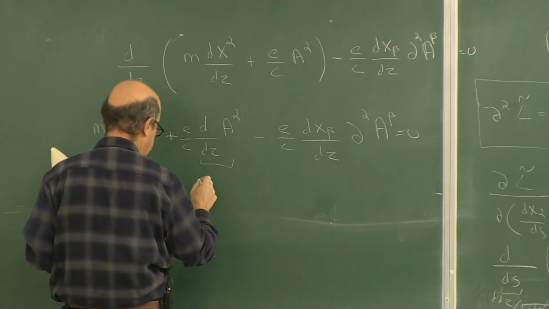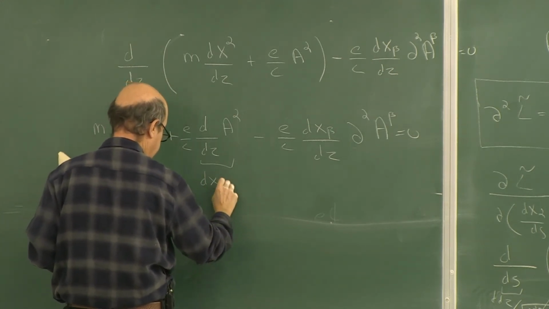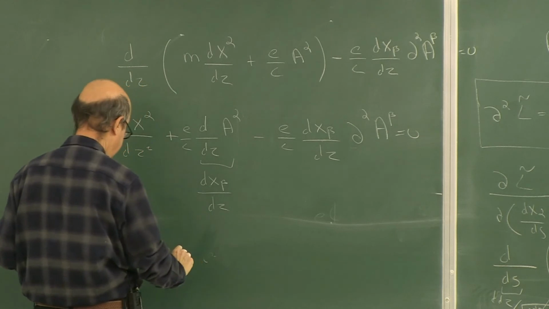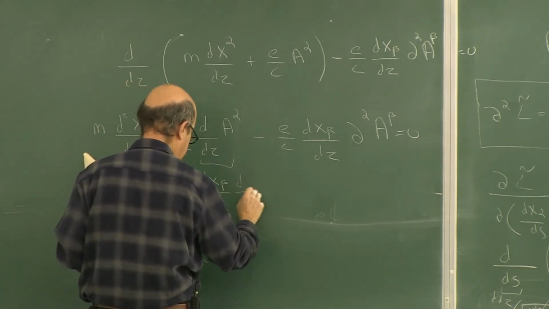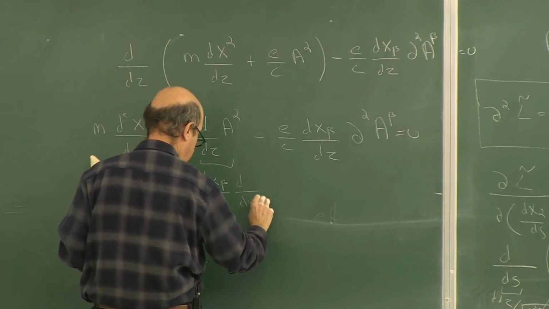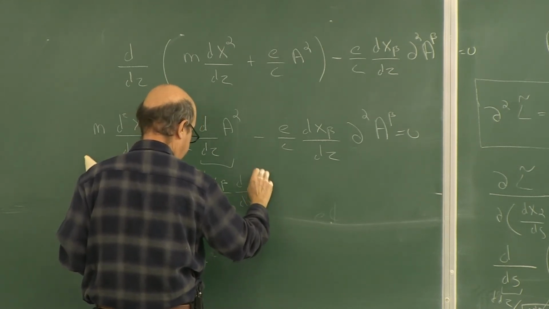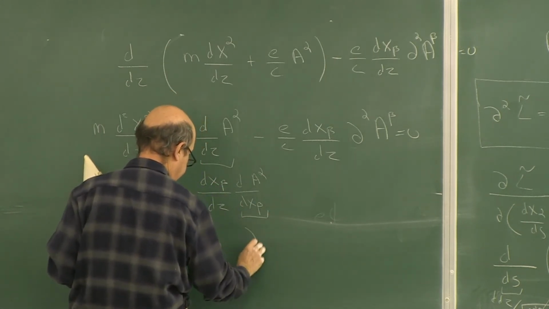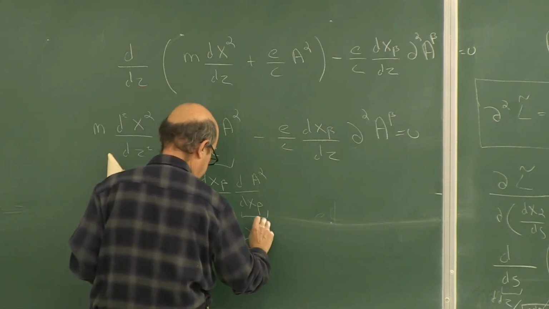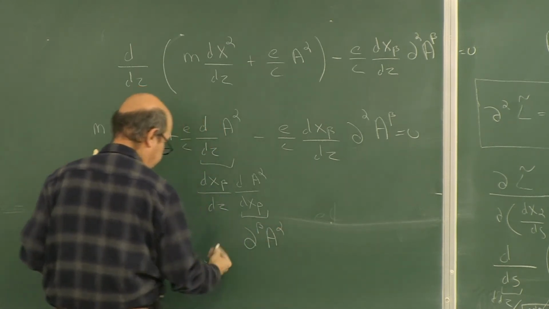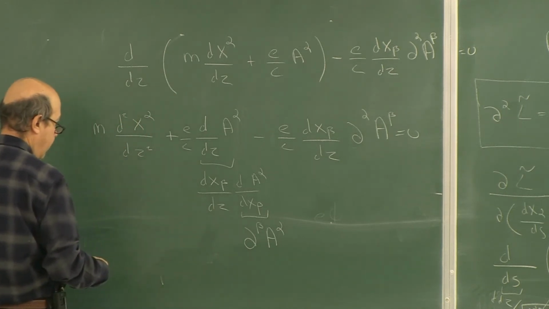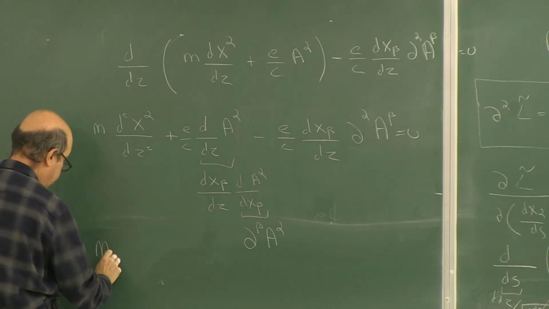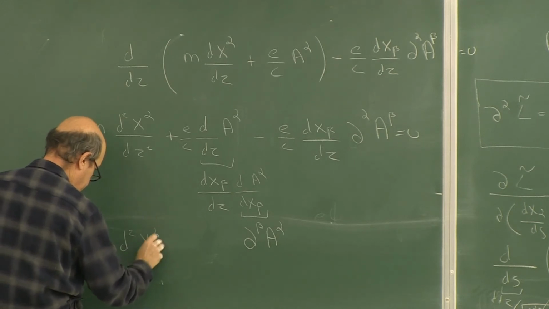For this term, you can write the following. You can use the chain rule, dx beta over d tau dx beta over A alpha. So you can call this expression del beta A alpha. So basically that turns to be the following form: m d square x alpha over d tau.